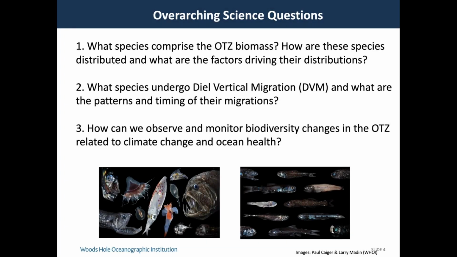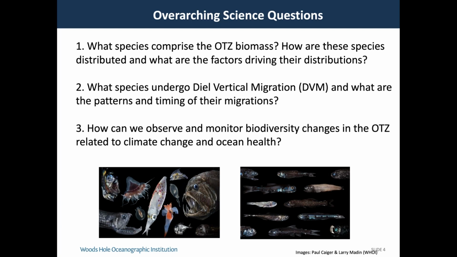So that's sort of the framework that sets up our overarching science questions, which include what are the species that comprise the OTZ, and we say OTZ to mean Ocean Twilight Zone. It's just a shorthand for that mesopelagic region.